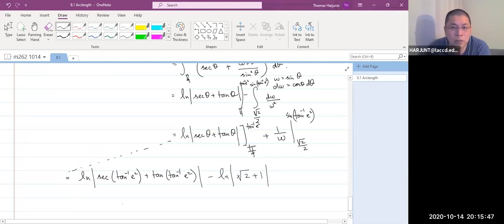All of these plus 1 over sine of tangent inverse of e squared, which I computed a lot earlier, minus 1 over radical 2 over 2.